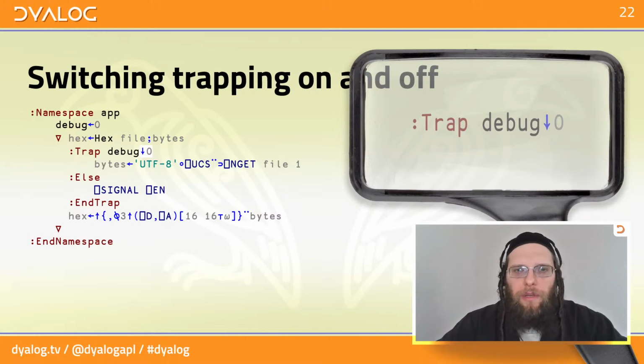And the real cool thing about having the debug variable inside the namespace script like this is that while we can say app.debug and set it to a value, the script itself doesn't change. And so if the script comes from a source file, for example, that doesn't get changed just because we're changing the value. We're temporarily overriding the value that's in the script.